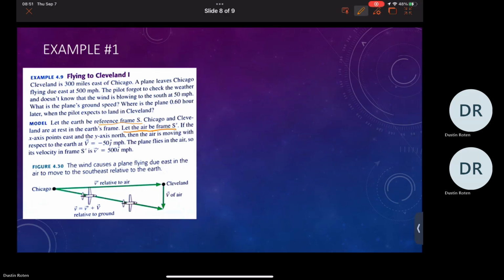Okay, so we have this moving reference frame. So I'm going to make a note up here. S prime moves with the wind. Okay, looks like everything else is essentially just saying that our reference frames are going to point the same way.